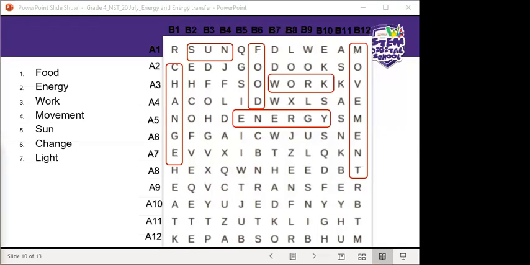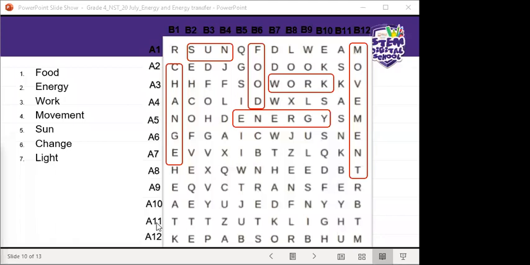A11 to B12. A11 to B12. All right, so what does light mean? Ma'am, light means that something is bright, like the sun shines bright.